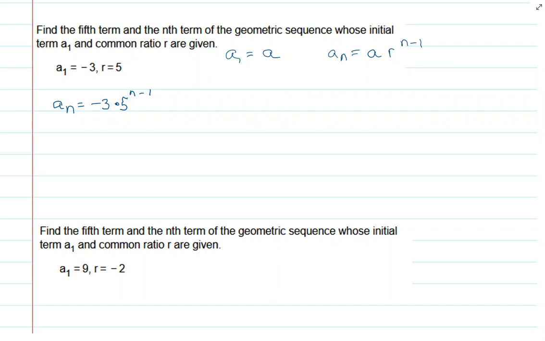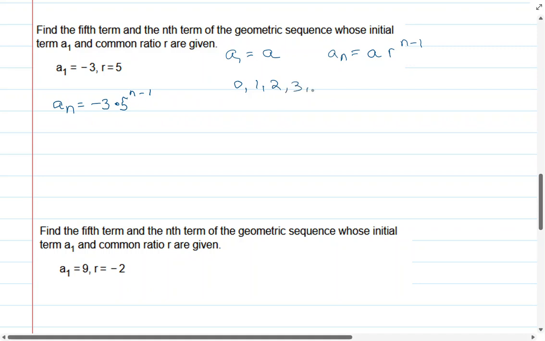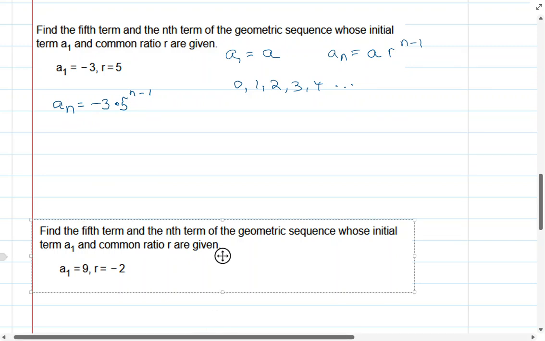And they want the fourth one. Now, understand that we start with 1. Okay? We start with 1. And so our numbers are 1, 2, 3, 4, all the way till however many we want. So if we're wanting the fifth term, then we put in 5 into that sequence.